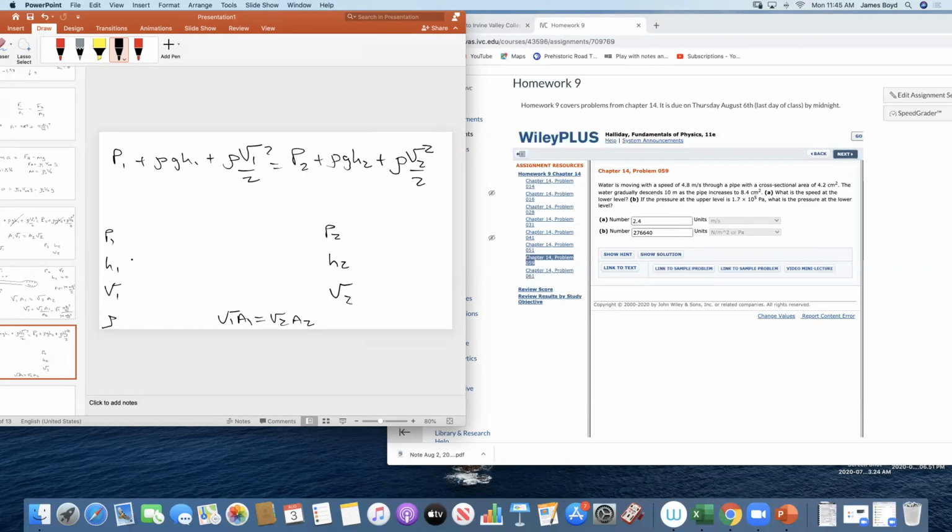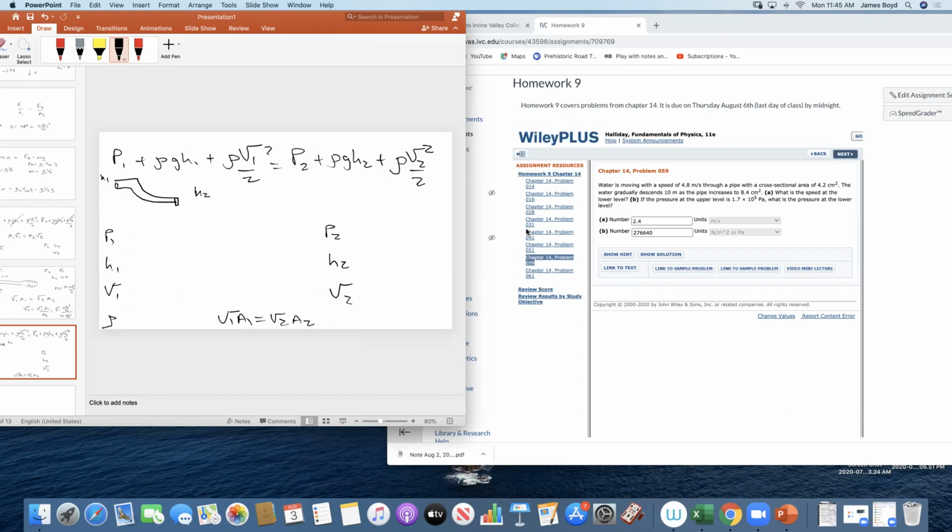Okay, so this is our job here, to find these things. They're asking us, what is the speed at the lower level? So they're really just asking us to find, I'm going to assume that this thing goes down, right? It just drops. And so I have H1 is higher than H2. Remember that they have to be positive up.